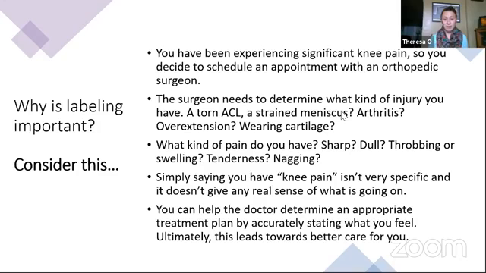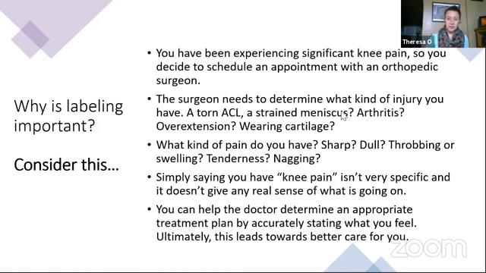So by better labeling what you feel and better labeling what those symptoms are, it helps the doctor really be able to make a plan for you, and it gives you a really solid place to start, because they would certainly treat dull knee pain differently than they might treat something that's nagging or has been sharp.